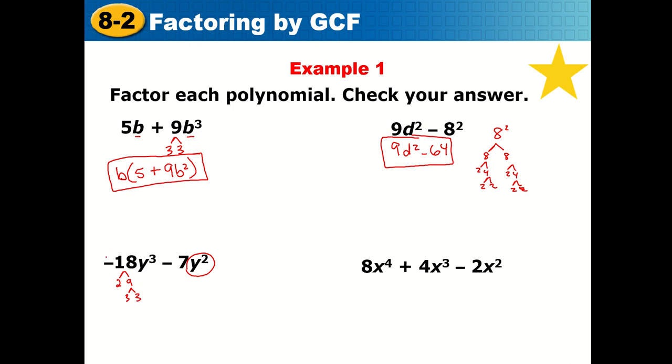Hopefully you noticed that there are negatives, and we're going to take out the negative. So our greatest common factor is going to be negative y squared. Then we're left with 18y plus 7.